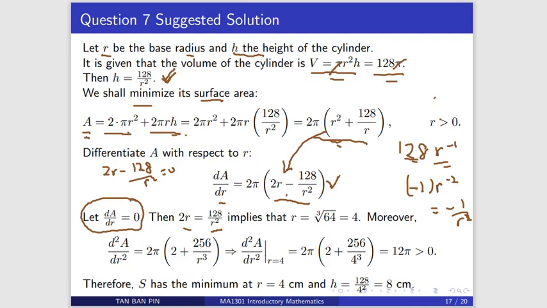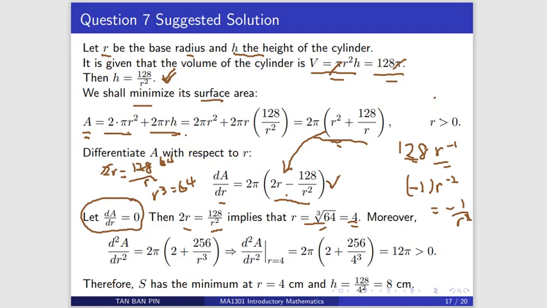If you bring it around, 2r equals 128 over r, and then you can cancel. Multiplying r squared over becomes r cubed, so r cubed is 64. So r will be the cube root of 64, which is 4.